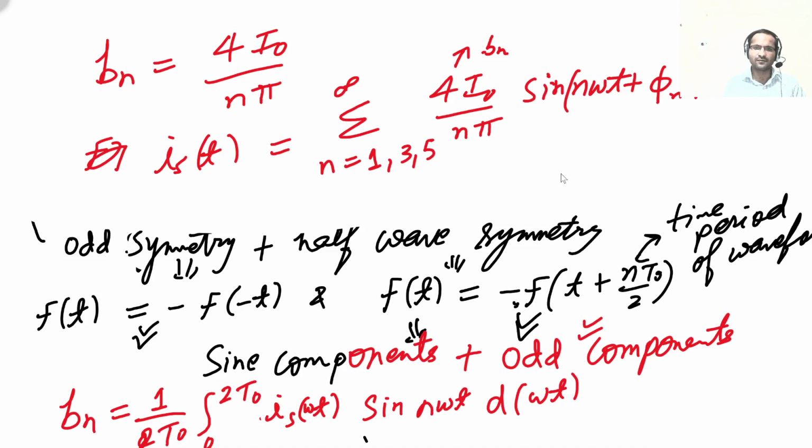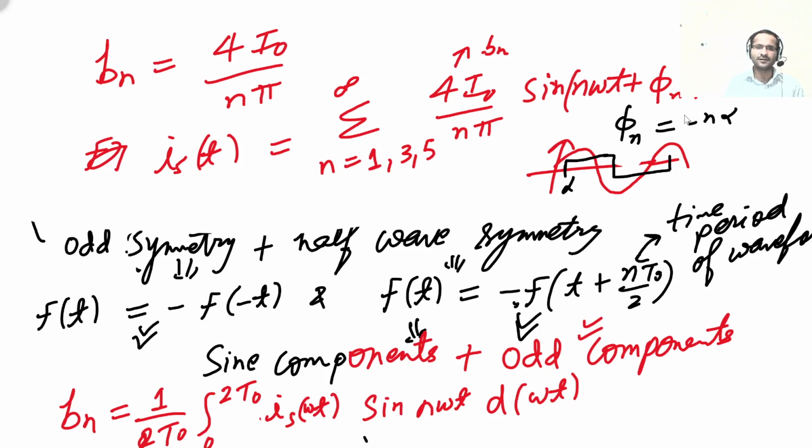Why? Because supply voltage is starting from omega t equals 0 and our output voltage is starting from alpha. So that's why this shifting is also added here, where phi n is minus n alpha. n represents the harmonic order. If n equals 1, it is the fundamental 50 Hertz, 3 means third harmonic, 5 means fifth harmonic.